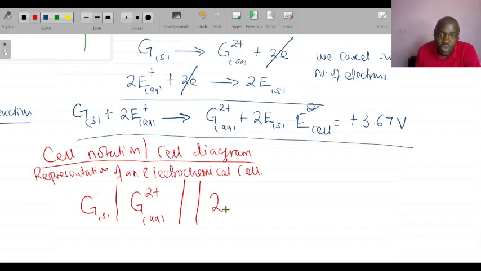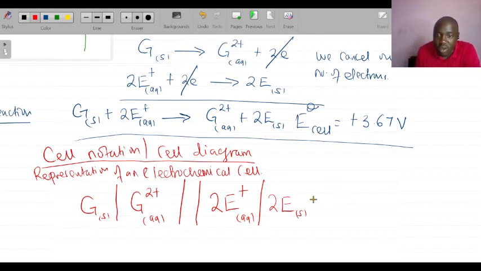Then we have our 2E electrons in aqueous state, which are separated from the 2E in solid state. This single line we call a phase boundary. It separates the positive and the negatives.